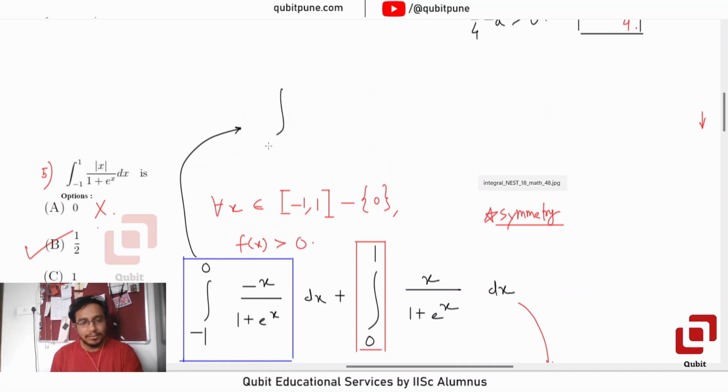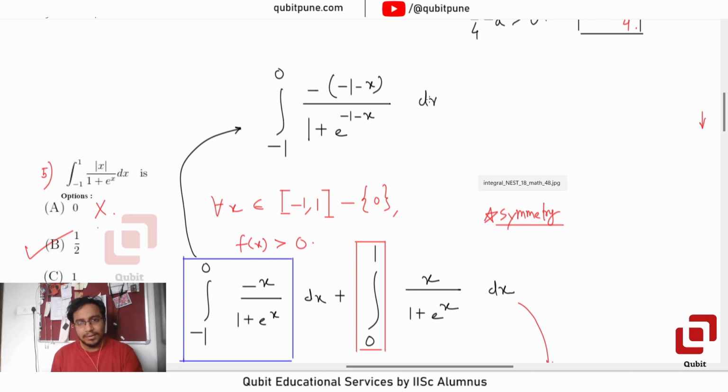So it's -1 to 0, a plus b minus x. No, I don't think that will work, because it will complicate things. Yes, sir, it's complicating things.